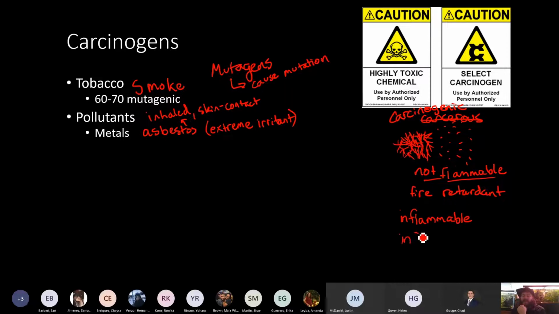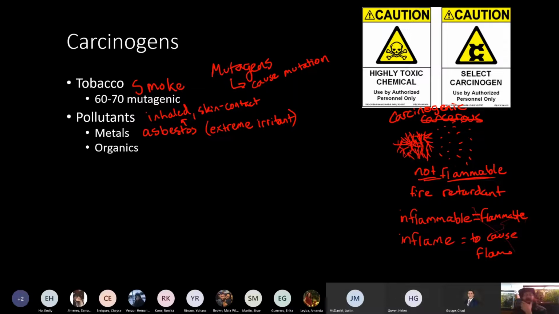Inflammable comes from the word inflame, and inflame is to cause flame, which means inflammable means flammable. So you have to say not flammable if you want to say not flammable, unfortunately. I used to say inflammable all the time because in my brain it made sense. I don't know why.